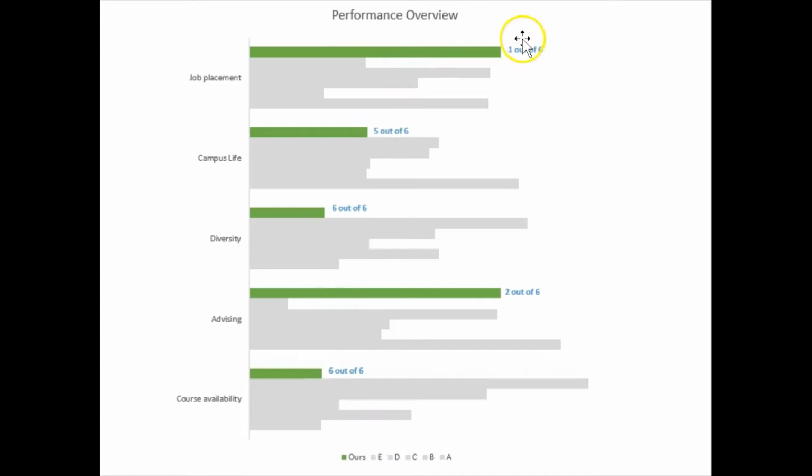So what I did here was just add some text to help the reader and say, okay, especially for things such as job placement, you can see that our college was number 1 out of 6. But if you didn't have that text in there, it's a little bit harder to see.